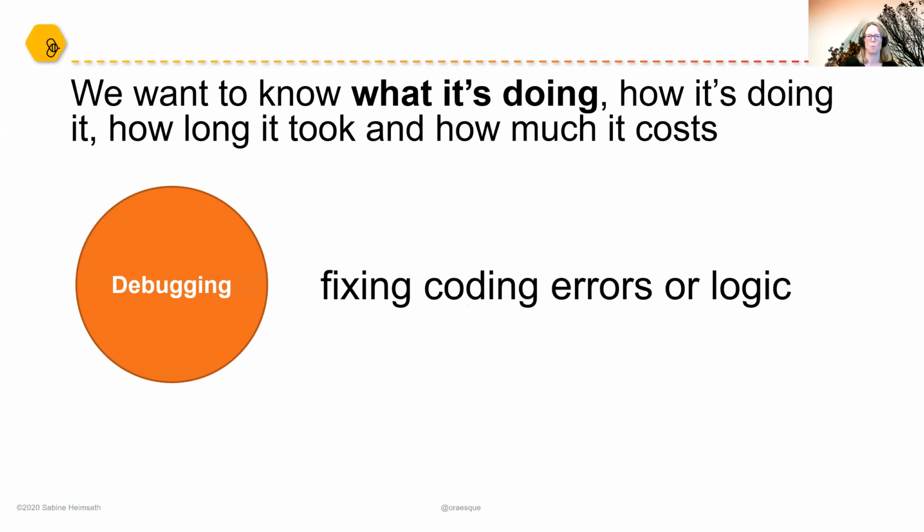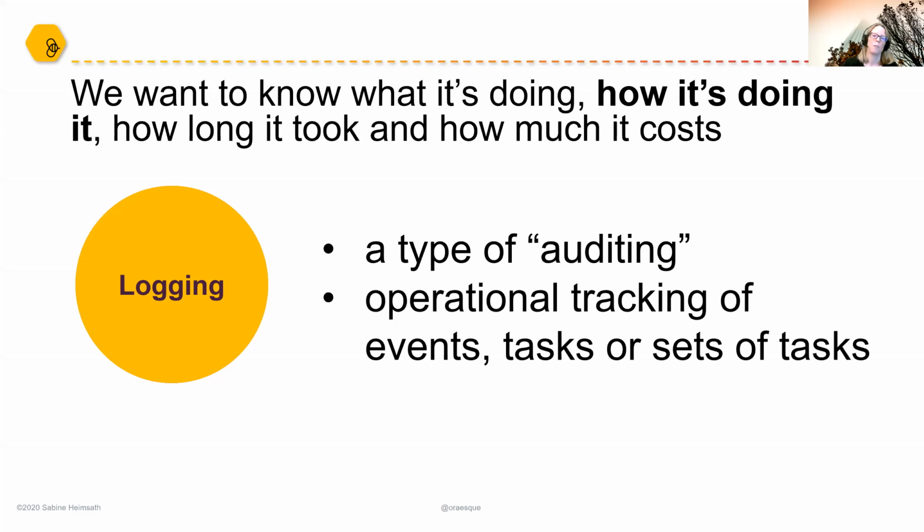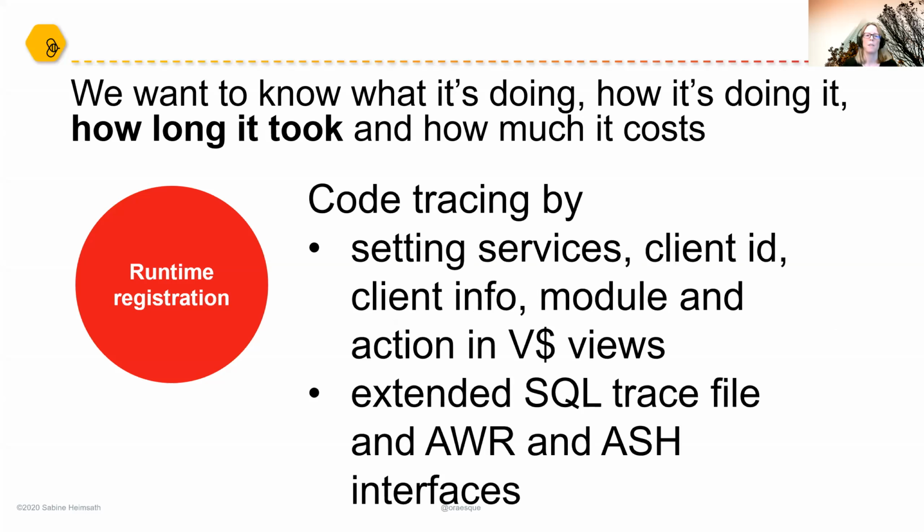So that's debugging. Yes, we want to know what it is actually doing, and we want to fix coding errors or logic errors. There's logging and auditing: what happens, what events, what tasks or sets of tasks. Runtime registration, code tracing, services, client ID, client info, module, $V views, and tracing for the lucky ones with the Active Workload Repository and Active Session History.